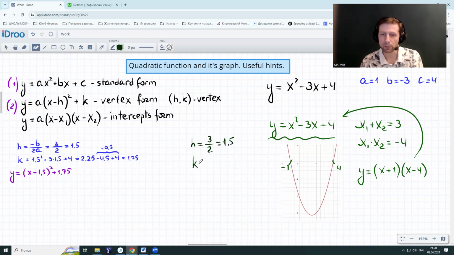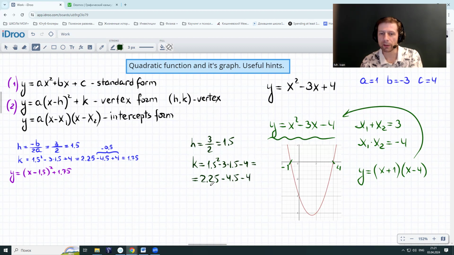Then k is equal to h squared minus 3h minus 4, which is 1.5 squared minus 3 times 1.5 minus 4, and eventually you get 2.25 minus 4.5 minus 4.